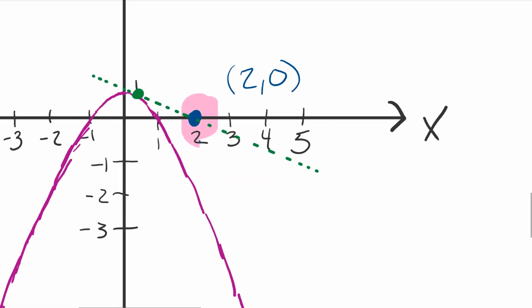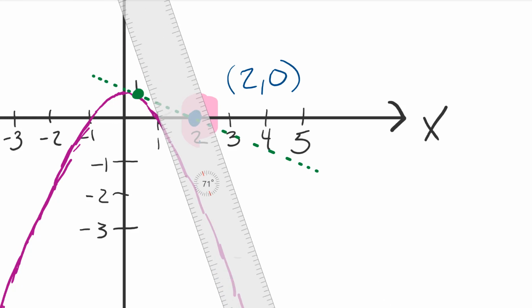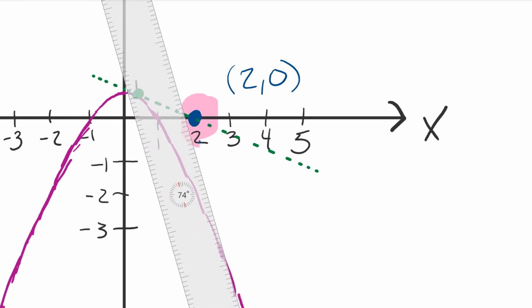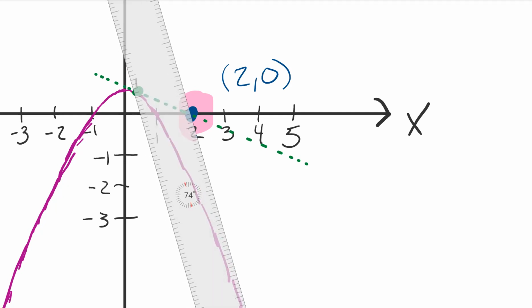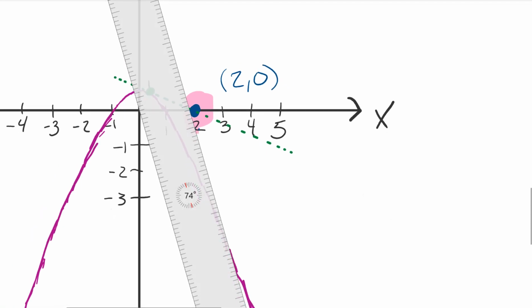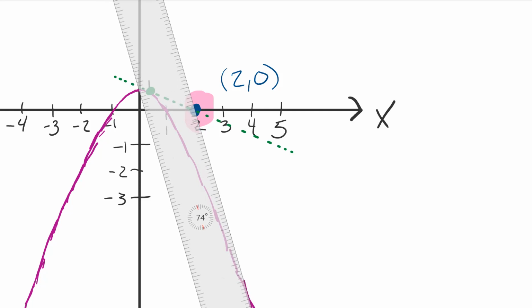Now, there's also going to be another one down here somewhere. I had to draw it wrong to make it actually be to scale. So there'll be another one down here.